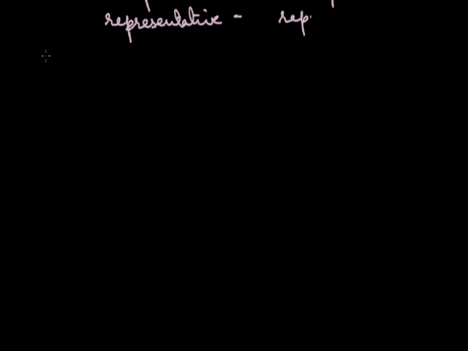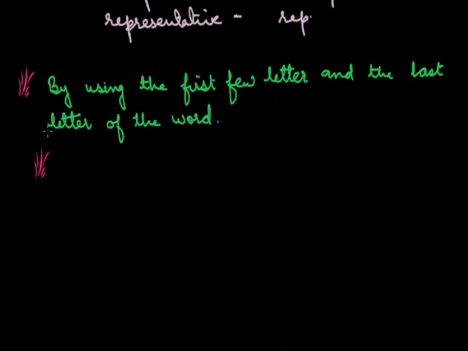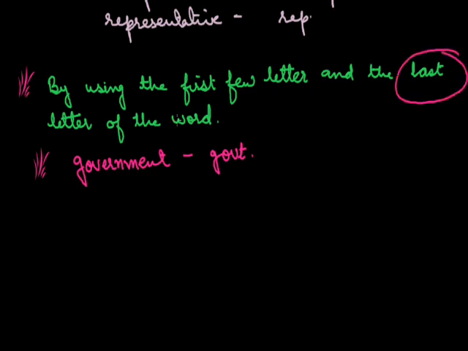Point number 2: by using the first few letters and the last letter of the word, like government, whose abbreviated form is GOVT. These are the first letters, and at the end we add T, the last letter of the word.